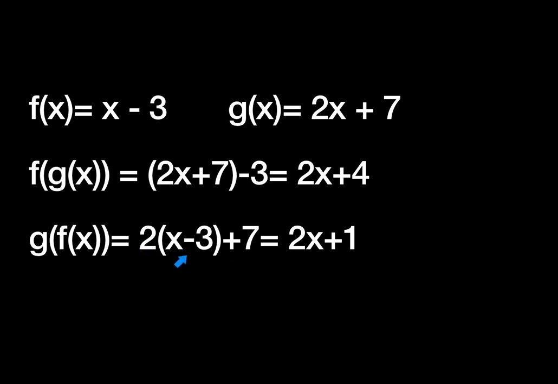This is the f of x equation from up here. This gets plugged in there, and that simplifies to 2x plus 1. Composite functions will oftentimes, in almost all cases, yield different results. f of g of x will be different than g of f of x.